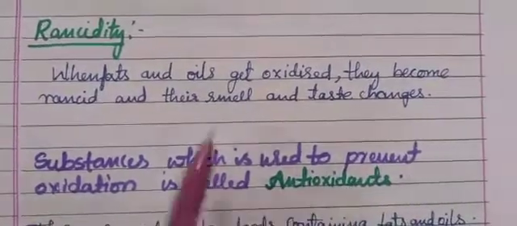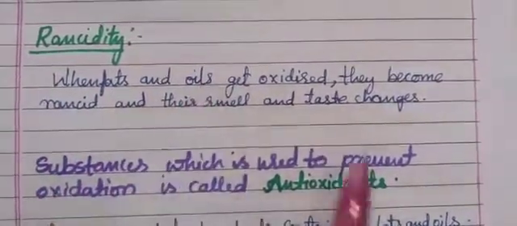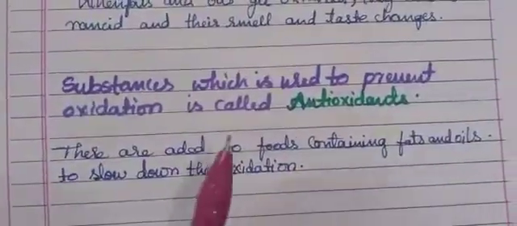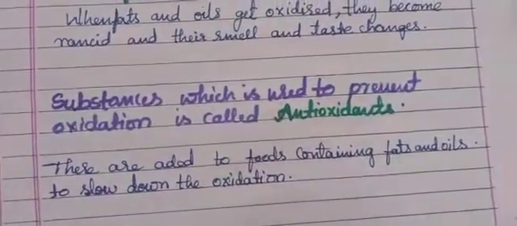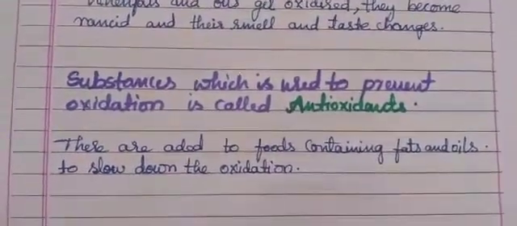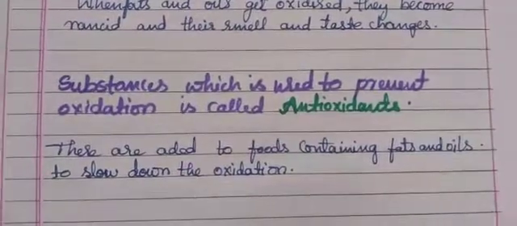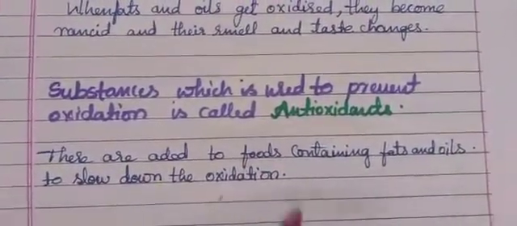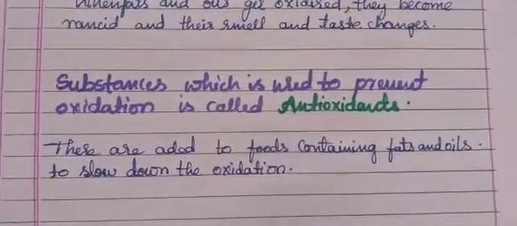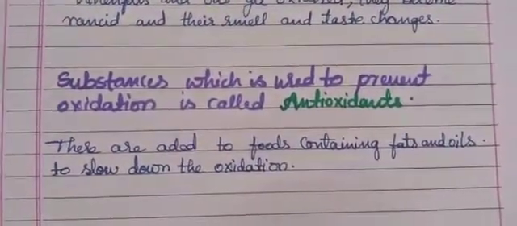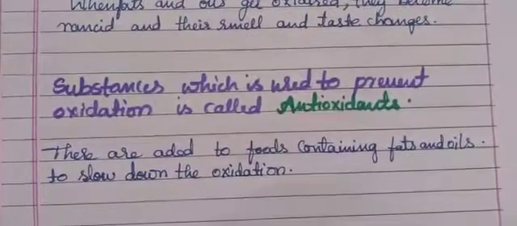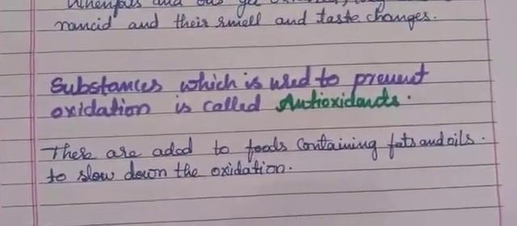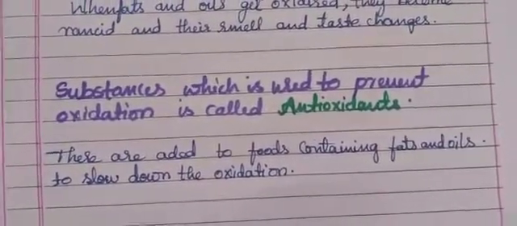So we use this for fats and oils. Why do we need to add these antioxidants to food packets? These are added to food containing fats and oils to slow down the oxidation. Students, you might have seen that chips packets are flushed with nitrogen gas.